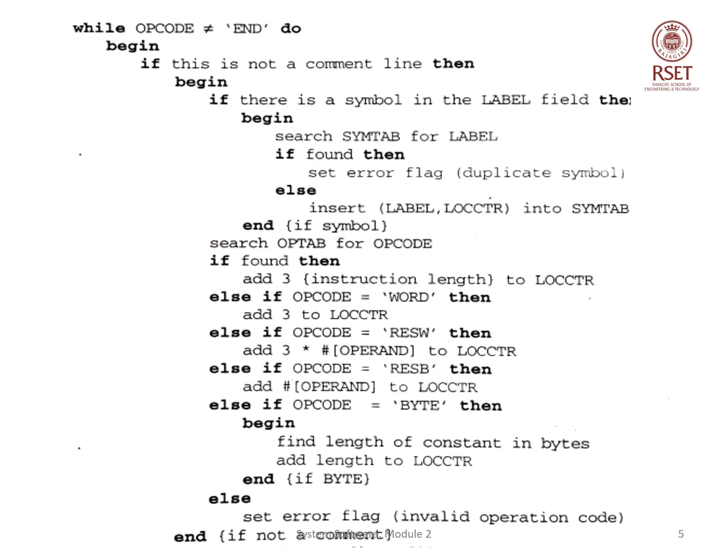Now we'll move on to the second column of the program. The second column has a mnemonic opcode. What are the possible mnemonic opcodes which can come in the second field? We'll start one by one. Search OPTAB for the opcode.